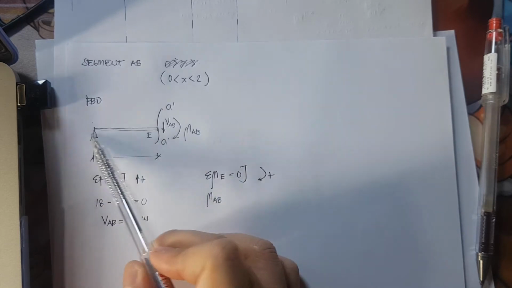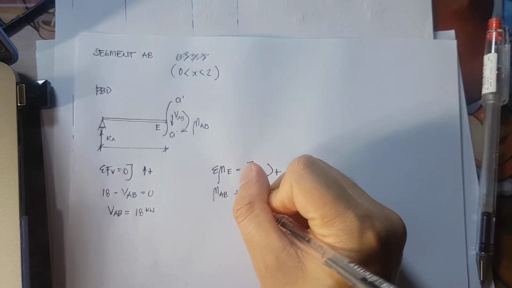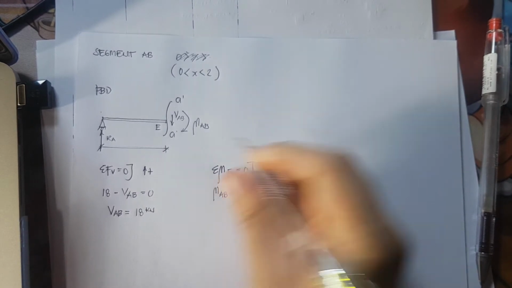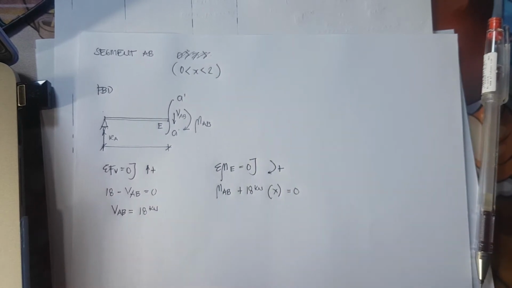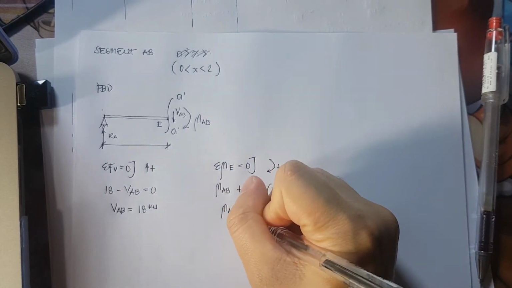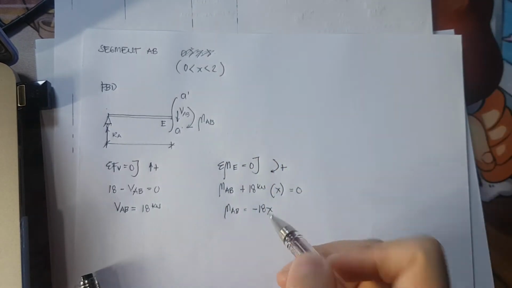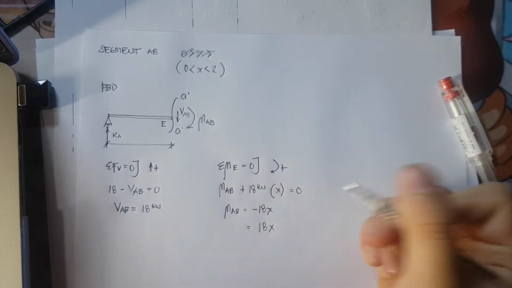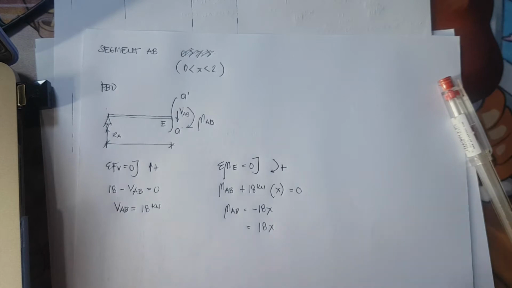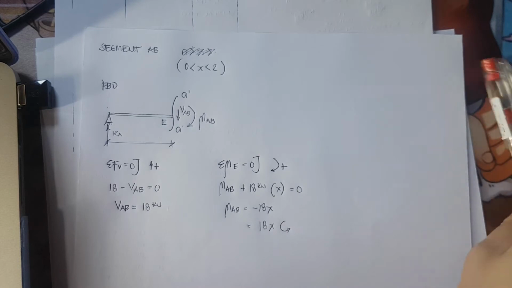Then we have RA, which will also be rotating in a clockwise manner, so that is plus 18 kilonewtons times a distance of x, and that is equivalent to 0. Therefore, MAB is equivalent to negative 18x. Since that is negative, my assumed direction is incorrect. So that is 18x counterclockwise.